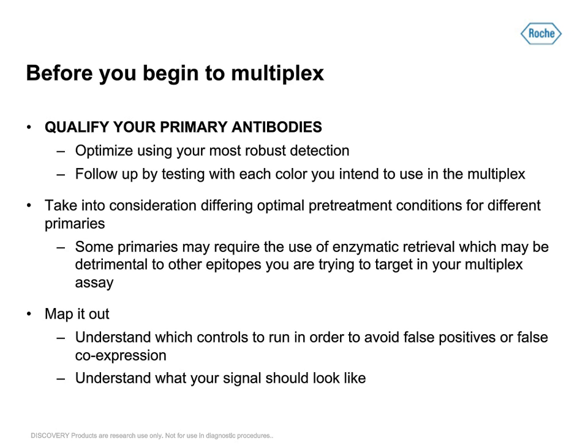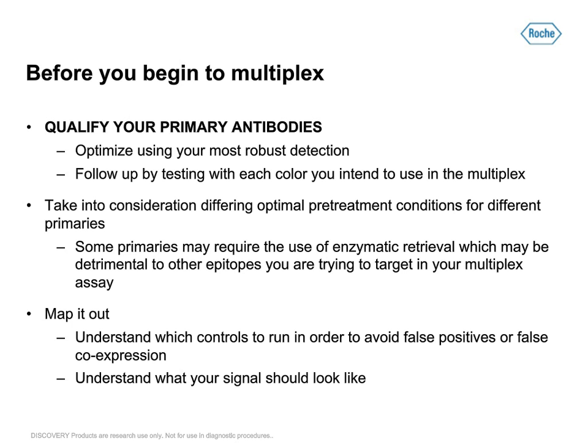Now, once you have your optimal assays for each one of these primaries, say you're trying to do a triple stain, what you're going to do is take each one of those antibodies that you have your optimal assay for, and then try and stain it individually with the color you're trying to hit it with. So say you have 3 biomarkers of interest, and you have 3 optimal assays for DAB.